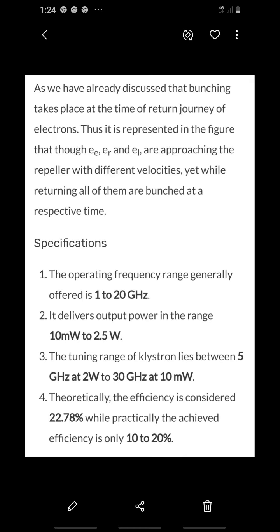As we have already discussed, bunching takes place at the time of the return journey of electrons.